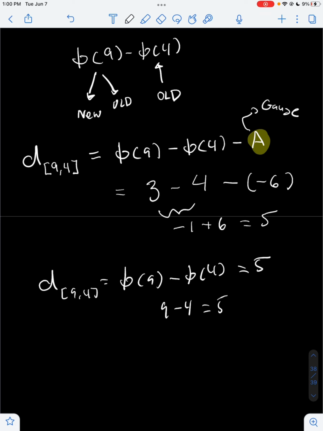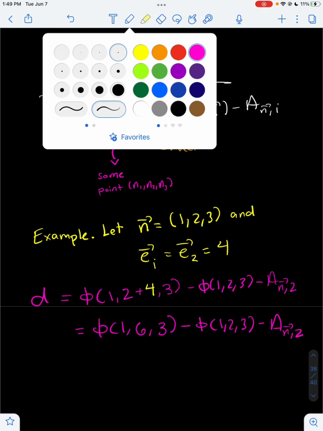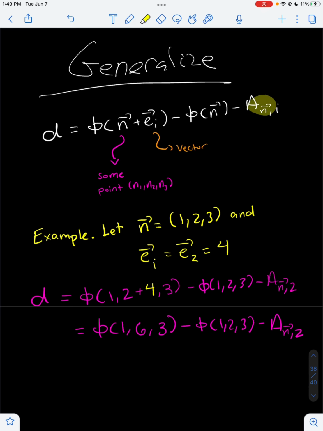So we can view a as a connection that connects the old coordinate system to the new coordinate system, since it's going to counteract the value of the field that is offset by a coordinate transformation. We can generalize this concept in 3 dimensions to get this formula that you see right over here. So in 3 dimensions, we see that this a constant is now a vector.